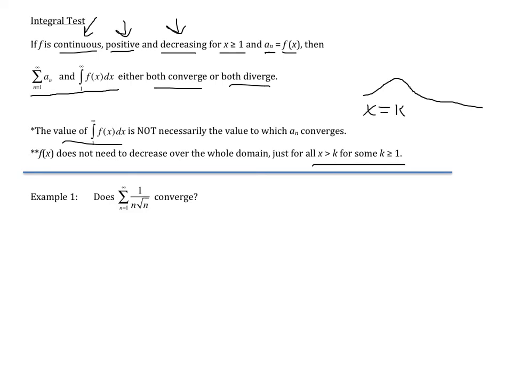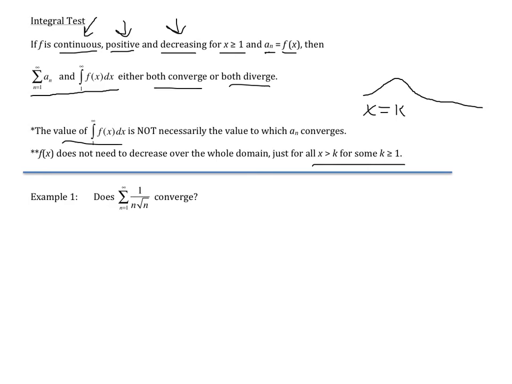So as long as k is greater than or equal to 1 for when this function starts to decrease from there on out towards infinity, that's okay. It doesn't have to be right at 1. All right, so that's the integral test in a nutshell. Pretty easy. So let's look at an example.